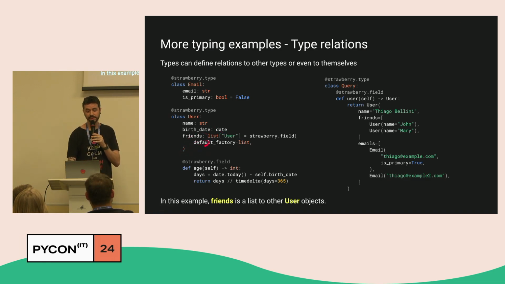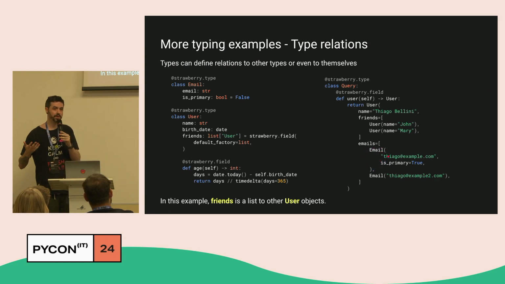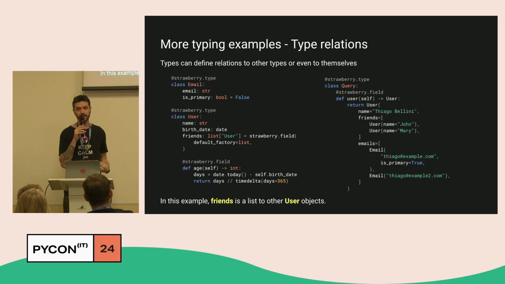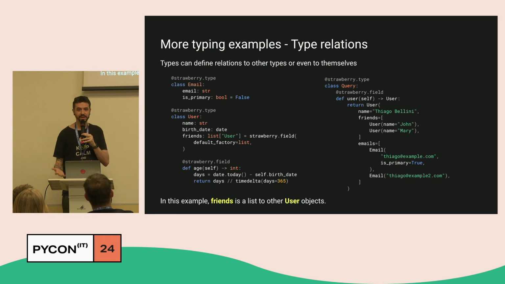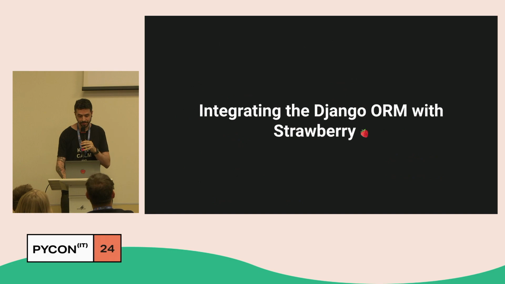In this case, we have friends in here. So when returning, I'm just instantiating friends as a list of users, creating those other users, and also emails and creating those as well. So you can see that it is very idiomatic Python using data classes. So this is basic Strawberry doing Strawberry stuff.